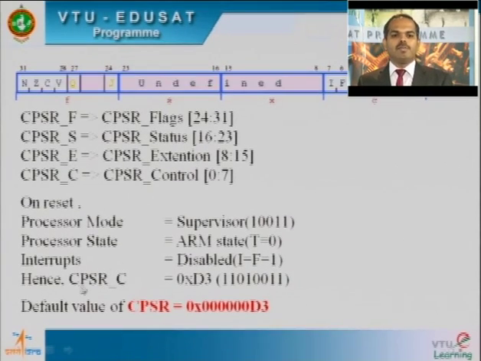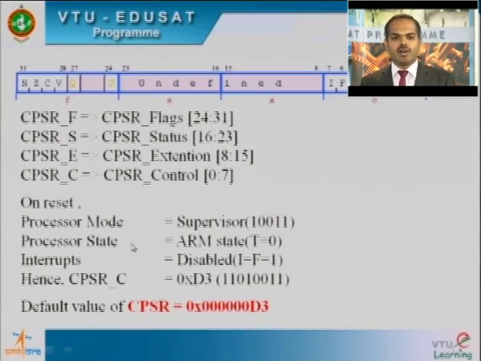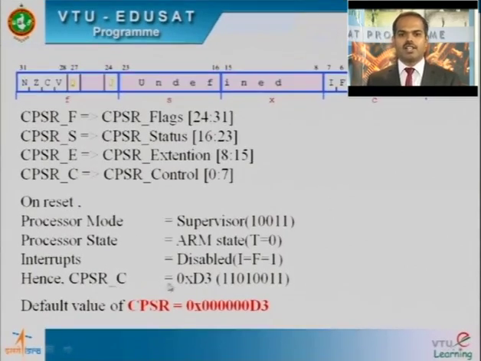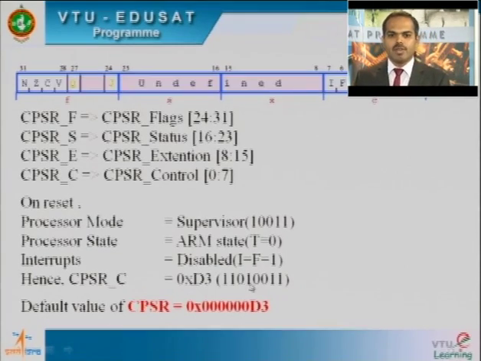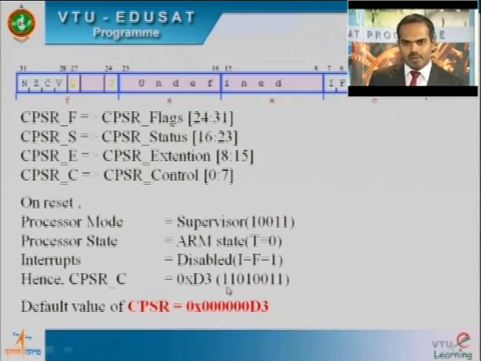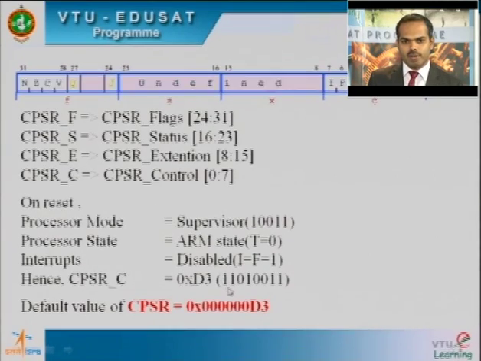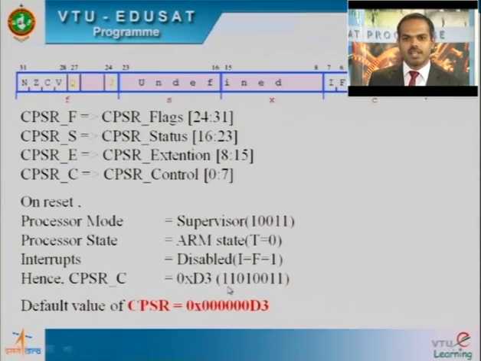Hence CPSR_C, that is the control field of the CPSR register, has the value 1101 0011. The upper 2 bits, 11, represent the interrupt flags I and F, they are disabled.